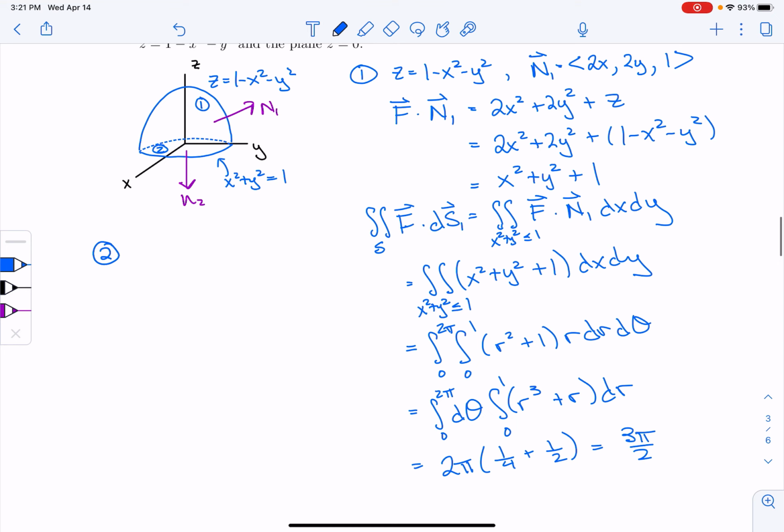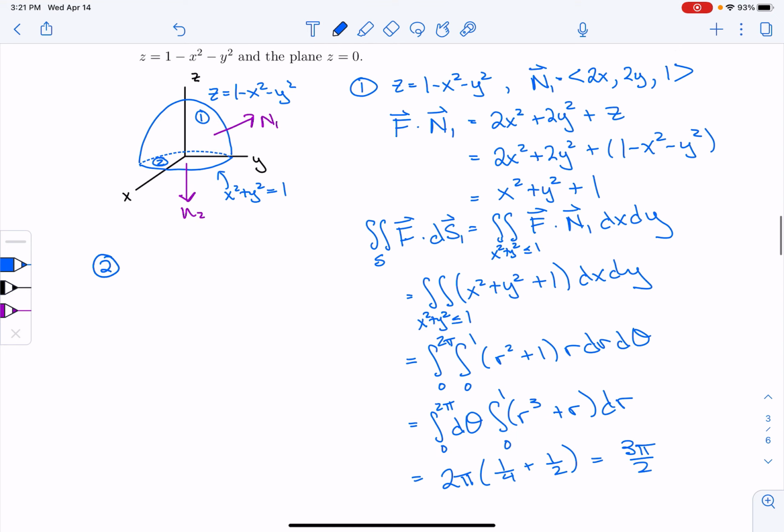So when this is the surface z equals 0, my unit normal vector is going to be n2, which is 0, 0, negative 1, just like in the previous example.